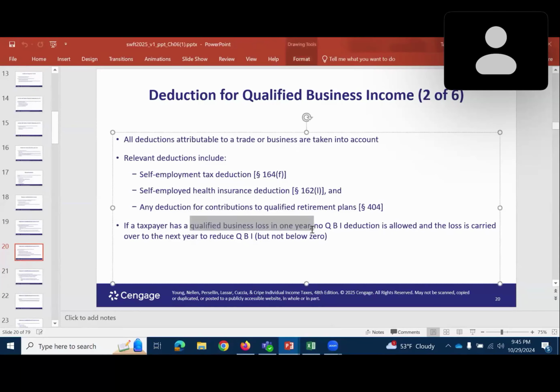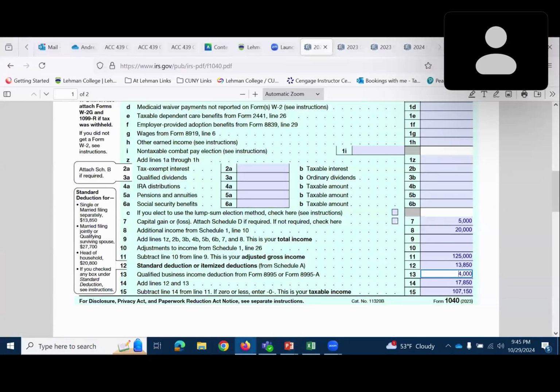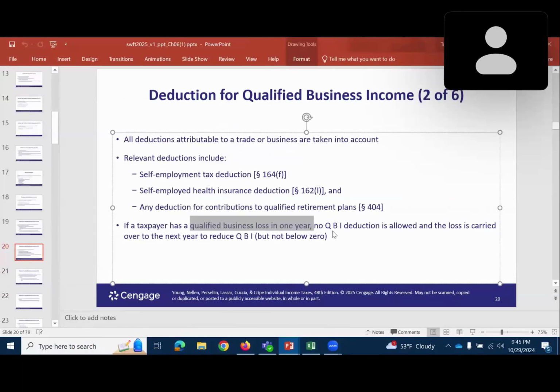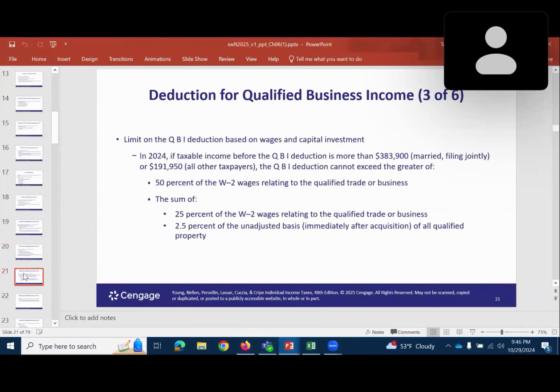If you had a qualified business loss in one year, you have no QBI deduction. This QBI deduction here would be 0. But you can carry that loss forward to the next year to reduce your QBI, but you can't go below 0.